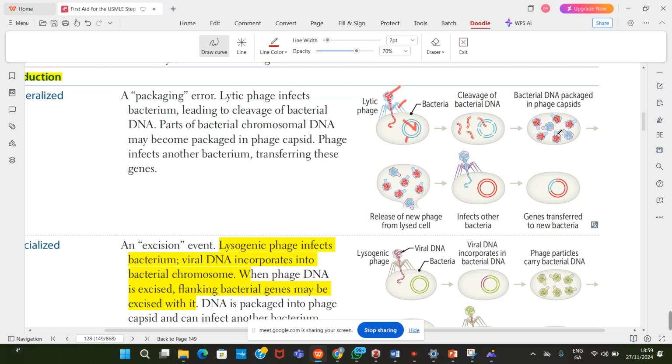Now, in the process of packaging, they will mistakenly be packaging some lysed bacterial DNA into the capsid. Now, if you look at this packaging, you will see some product that contains bacteriophage DNA, like this one. This is bacteriophage DNA because it's red. Can we appreciate that? And we can see some package that contains bacterial DNA, which is the one that contains green.